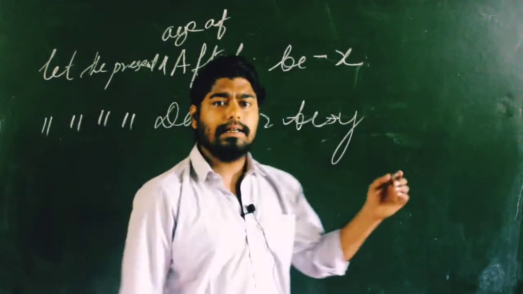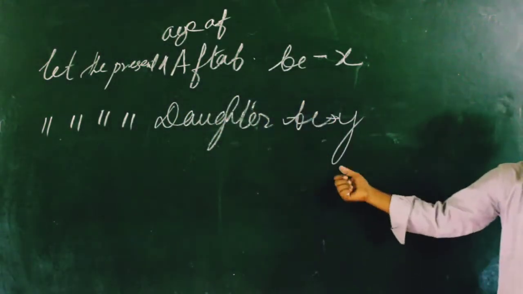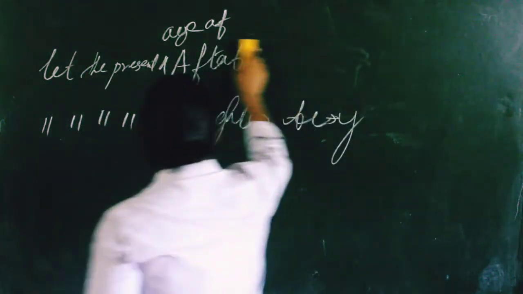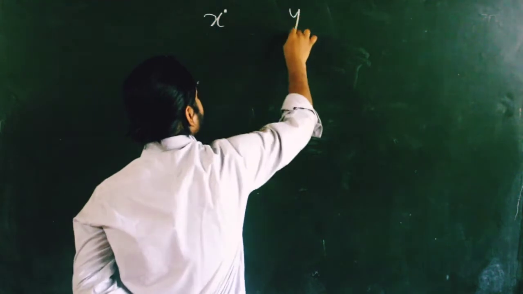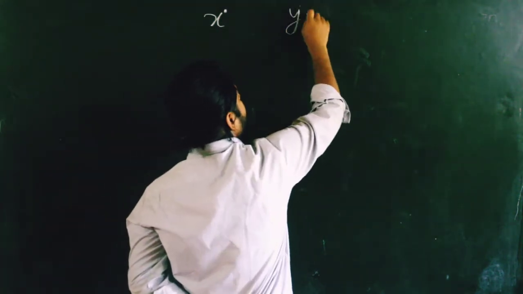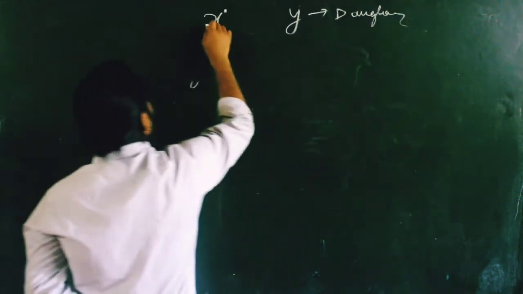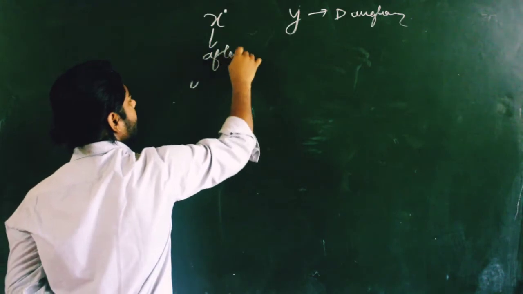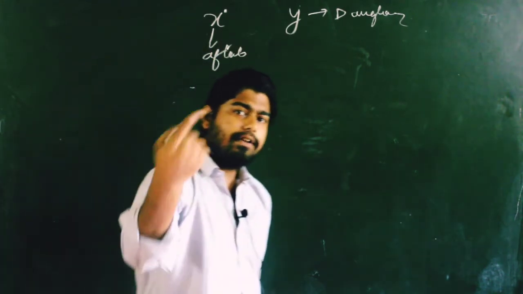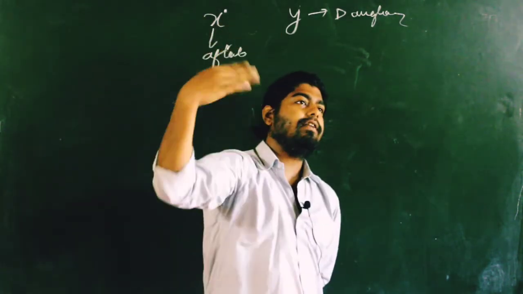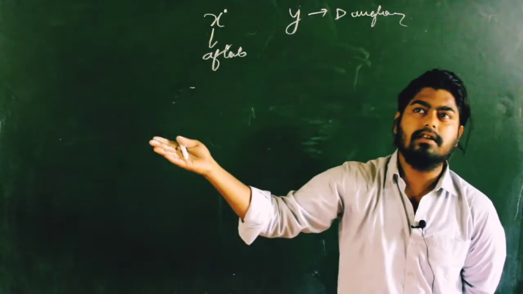So we know what our X and our Y are, and we will proceed according to our variables. This is our daughter's age, and this is Aftab's. Suppose this is, say, 20. So 7 years ago he was 13 years old.